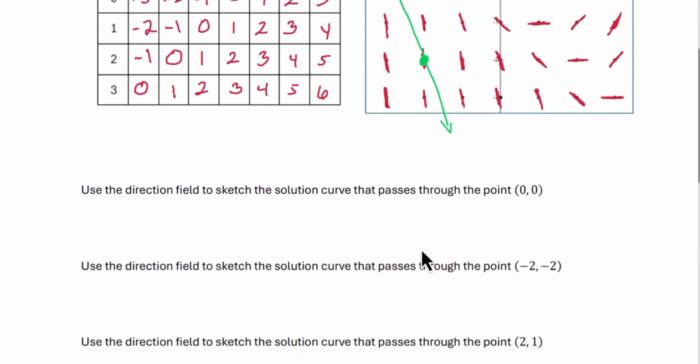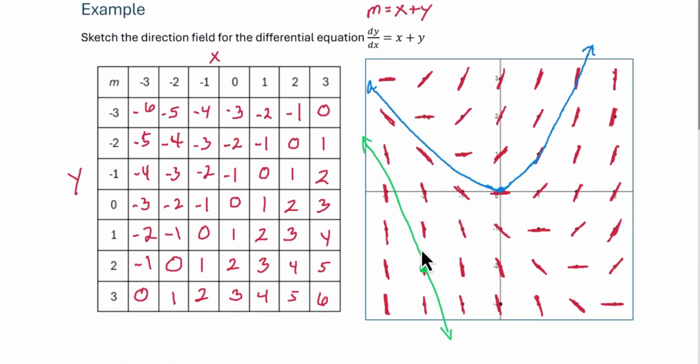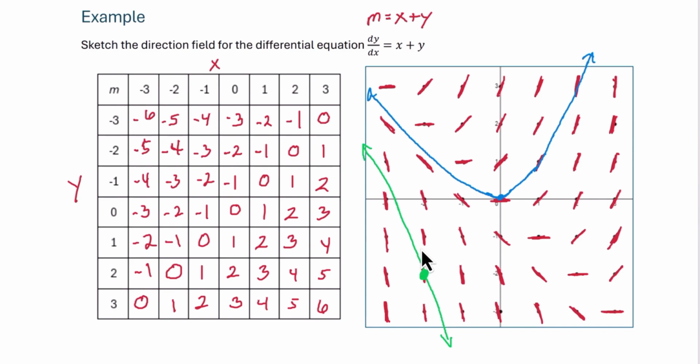Up next, we have 2, 1. Let's look at what happens when we go through 2, 1. This time, the initial condition is 2, 1. On the right side, we have something like this.